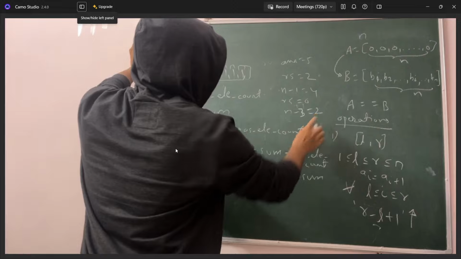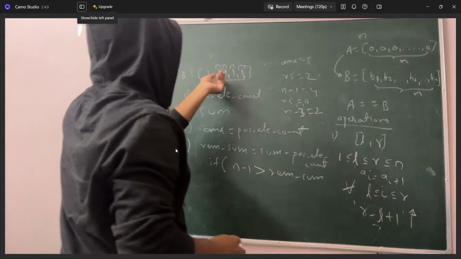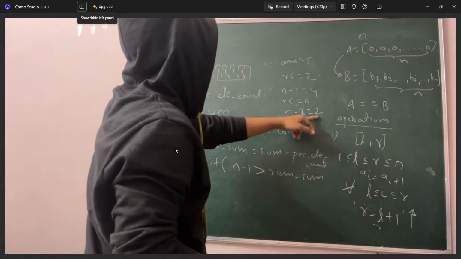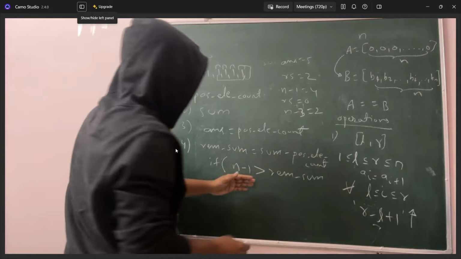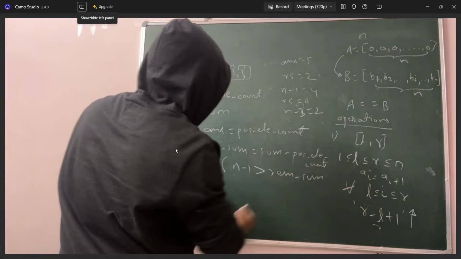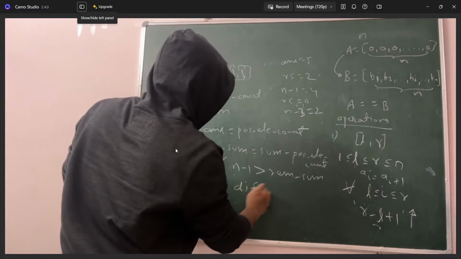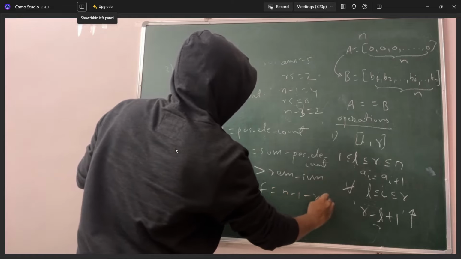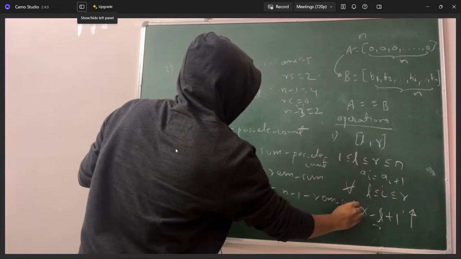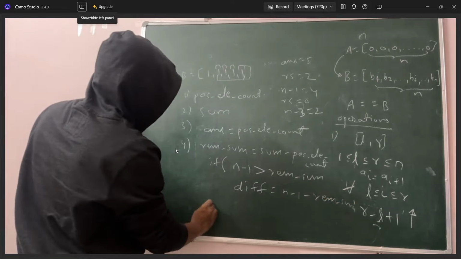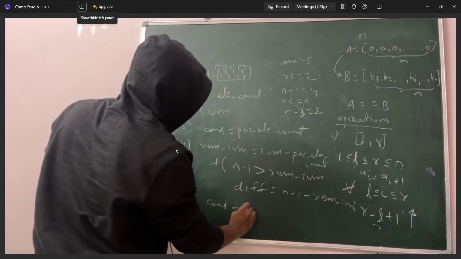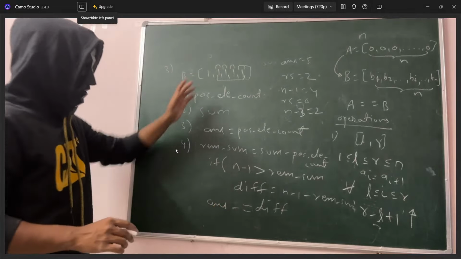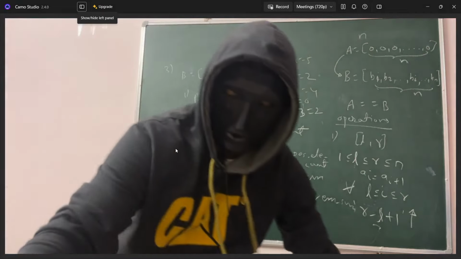So whatever value you had chosen in the first one, in that case we'll have to remove 2. So it's n minus 1 minus remaining sum. We will take this into diff, and at the end we decrease the diff from the answer and print it. I think this is the pseudocode, and let's try to code it up.